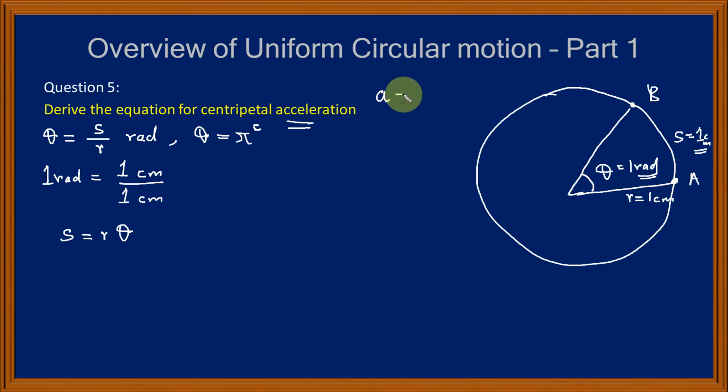We know that centripetal acceleration is given by v squared over r, something like that. Now, over here, I've got the final velocity, which is tangential to the circle at that point, which is v at B. Its magnitude is just v.